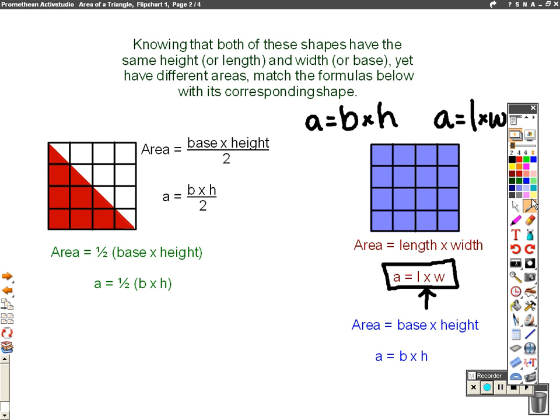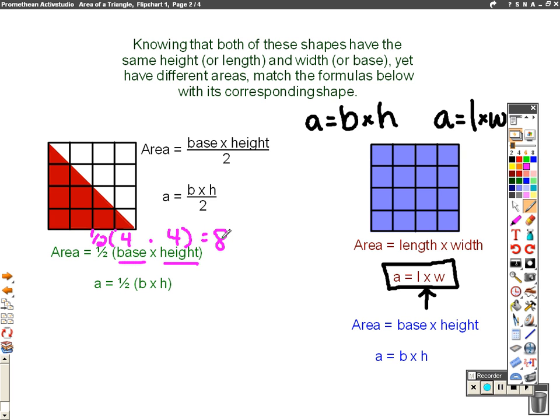I'm going to check my work to make sure that that truly makes sense. For example, the last example we had, they had 16 units in it for the square. So if we were just to do base times height, 4 times 4, it would be 16. And we know that a half of 16 is 8.